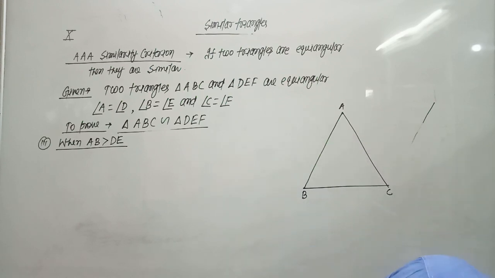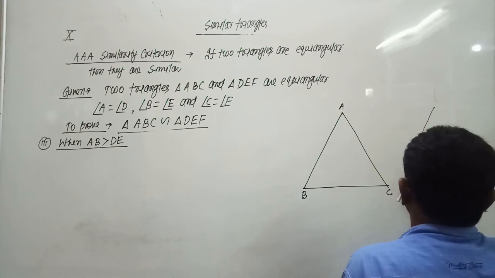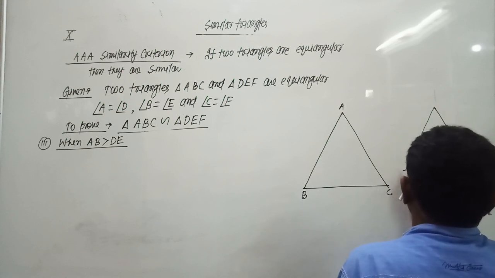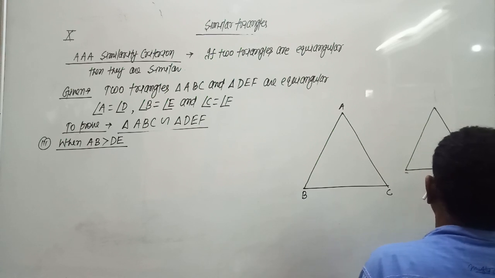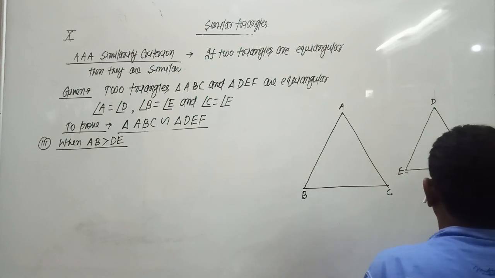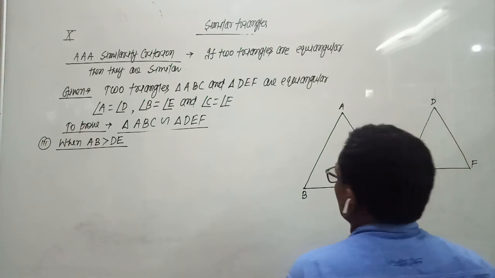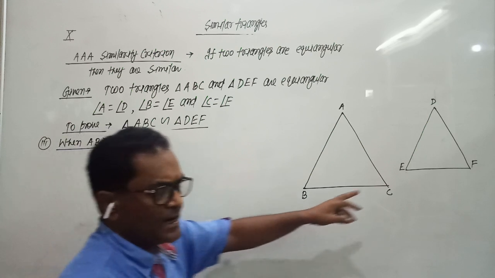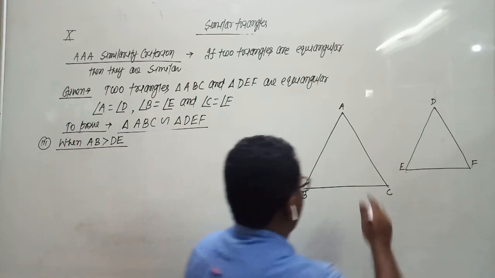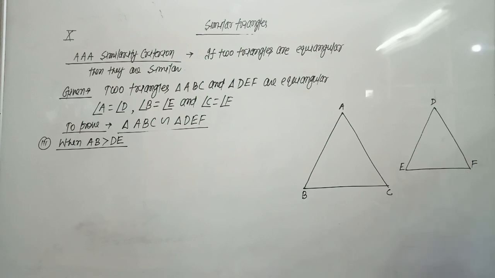These two triangles ABC and DEF are equiangular, which means angle A equals angle D, angle B equals angle E, and angle C equals angle F. We have to show that triangle ABC is similar to triangle DEF, and we have taken the third case, when AB is greater than DE.